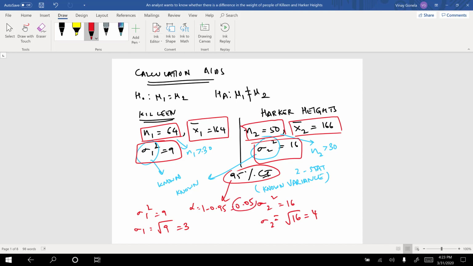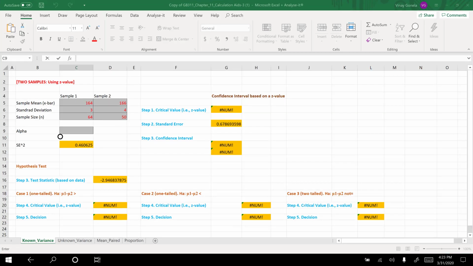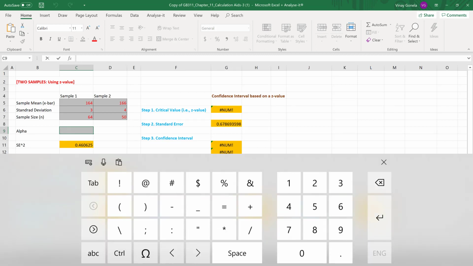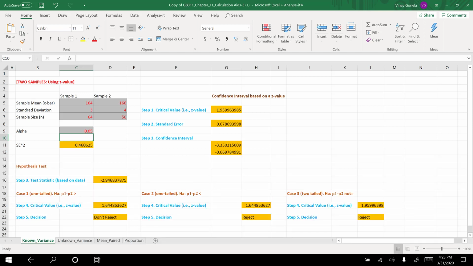So I will type in 0.05 and hit enter. So your test statistic value is negative 2.94, and now which case to use? Case 1 is mu1 minus mu2 greater than, case 2 is mu1 minus mu2 less than, and case 3 for alternative is mu1 minus mu2 not equal to.